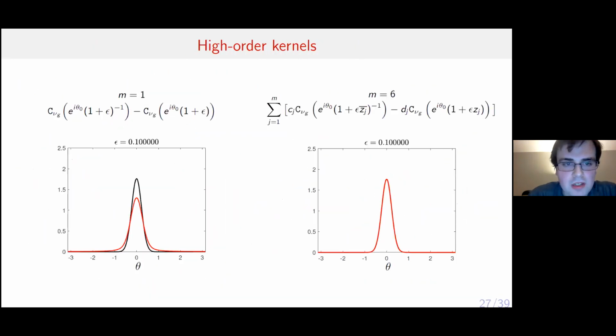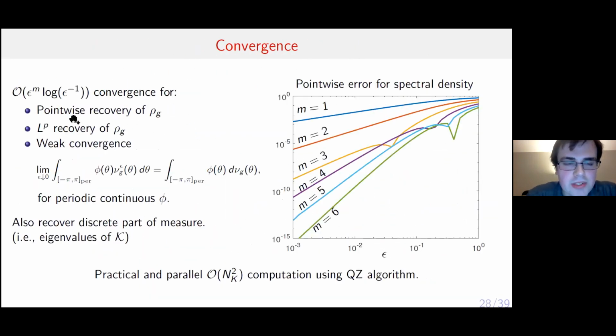Okay, so we have fast convergence for that in the pointwise sense, and also in L^p, or average sense. Also weak convergence. So if you integrate this approximation against a test function, a periodic continuous test function, then you'll get convergence to the appropriate integral with fast convergence rates.